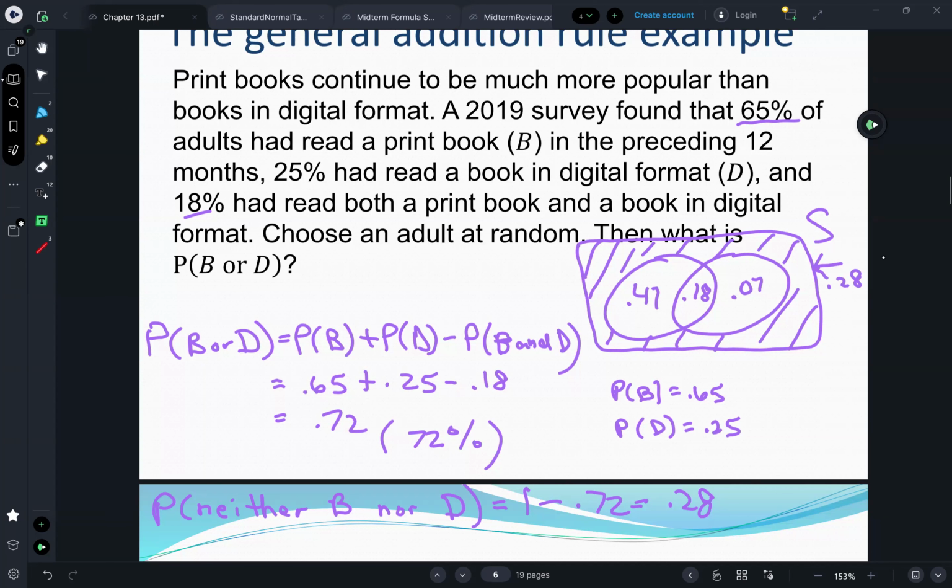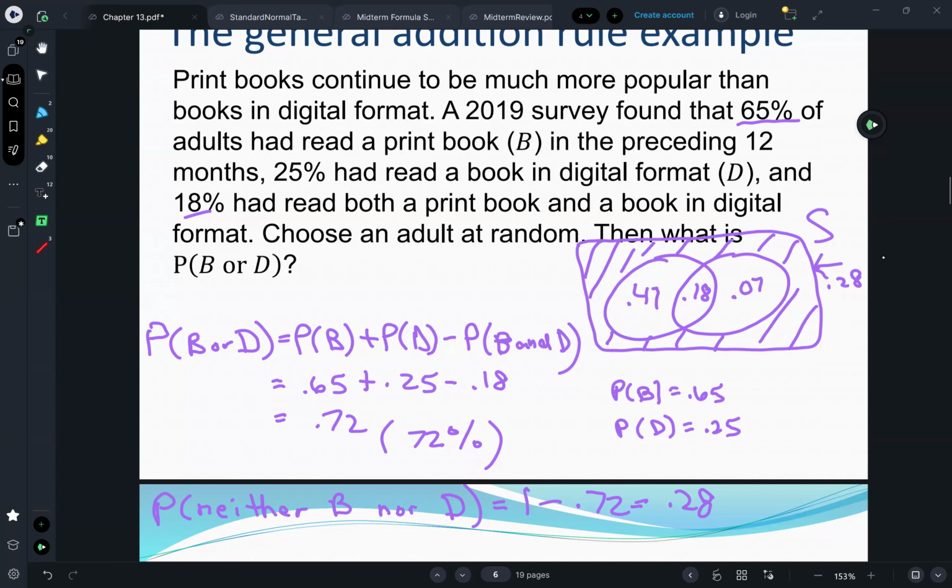You can look at the picture, it's everything outside B and D. So the probability of neither B nor D is going to be 1 subtract 0.72, which is 0.28.